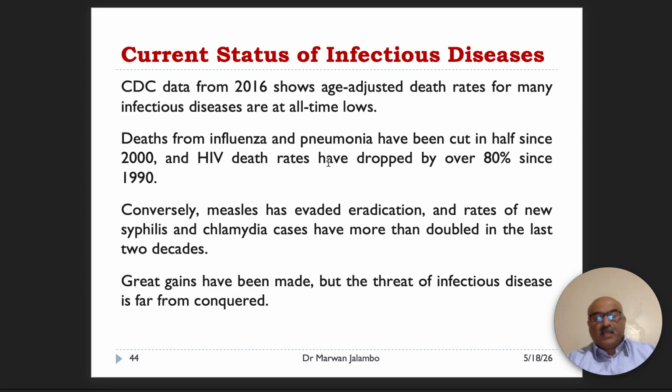Influenza and pneumonia kill about half as many Americans as they did in 2000, and the death rate from HIV has fallen by more than 80% since it peaked. Rates of new hepatitis and tuberculosis cases are also near all-time lows.